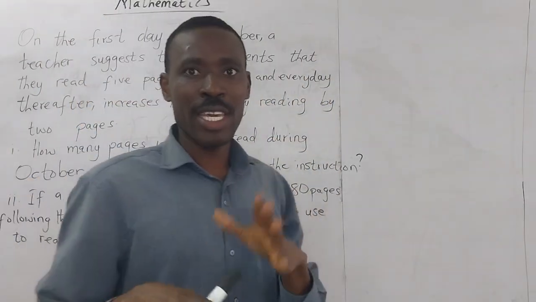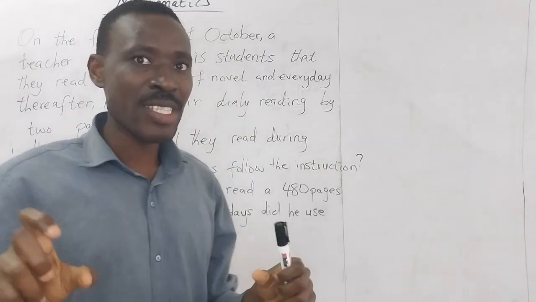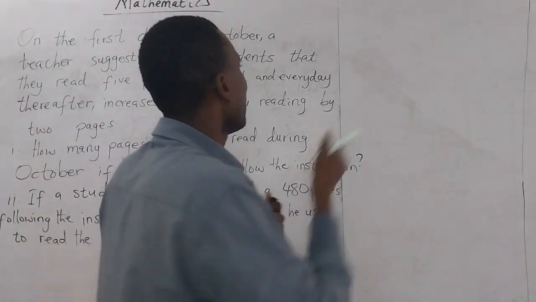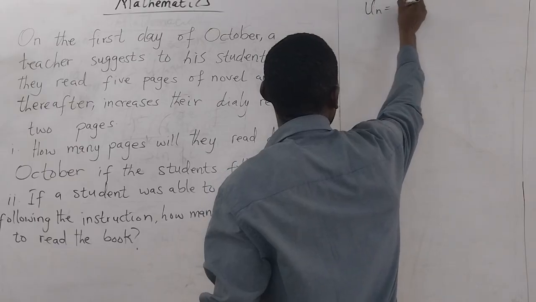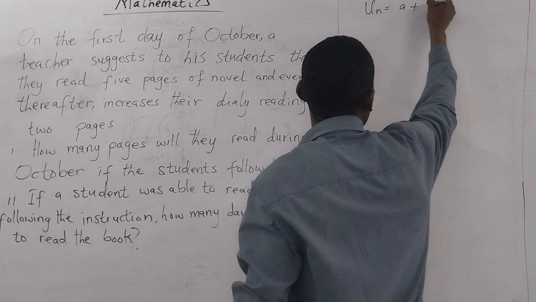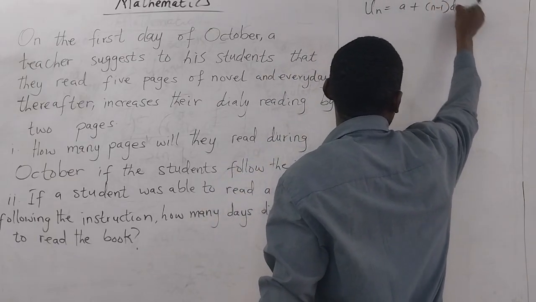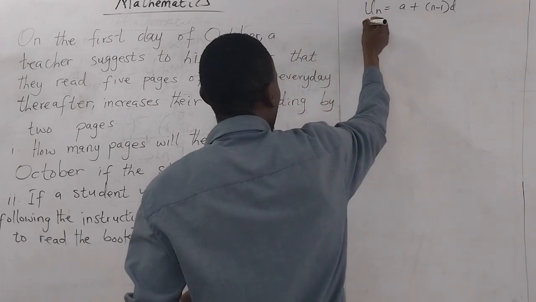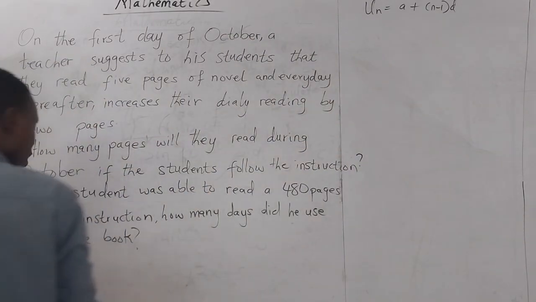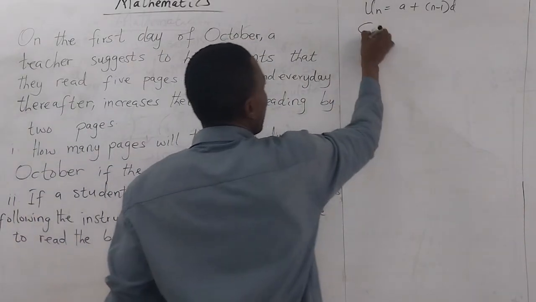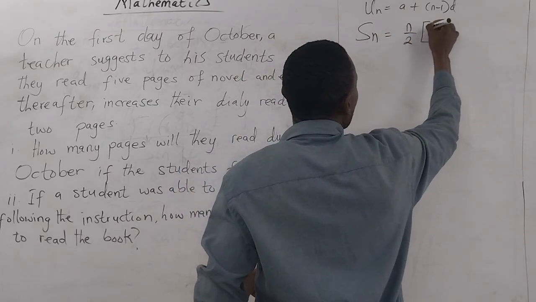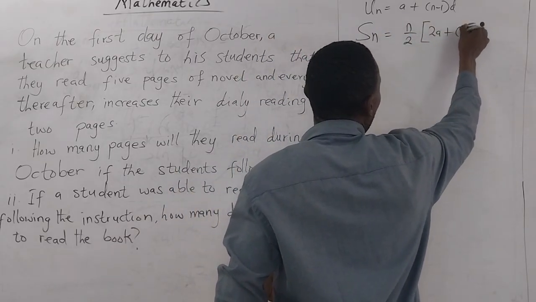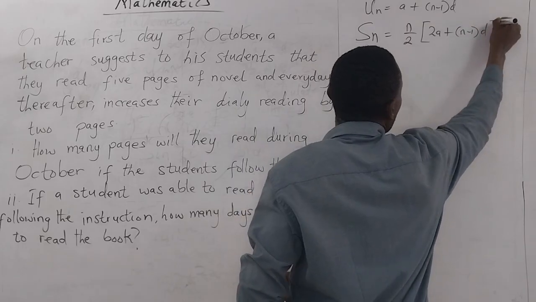We wouldn't be using the nth term formula, U of n equals a plus n minus 1 d. But we are using the S of n, that is S of n equals n over 2 times 2a plus n minus 1 d.